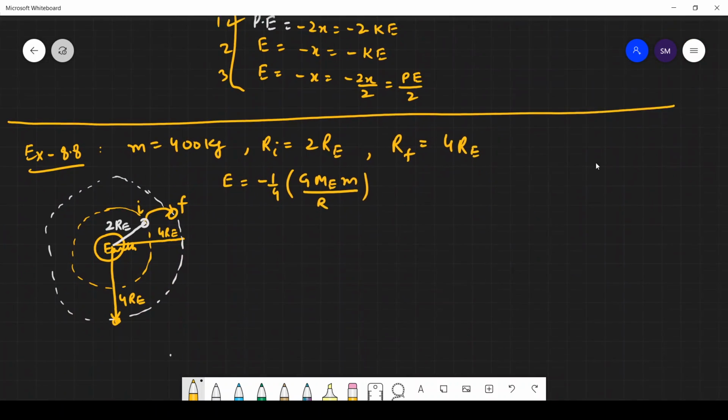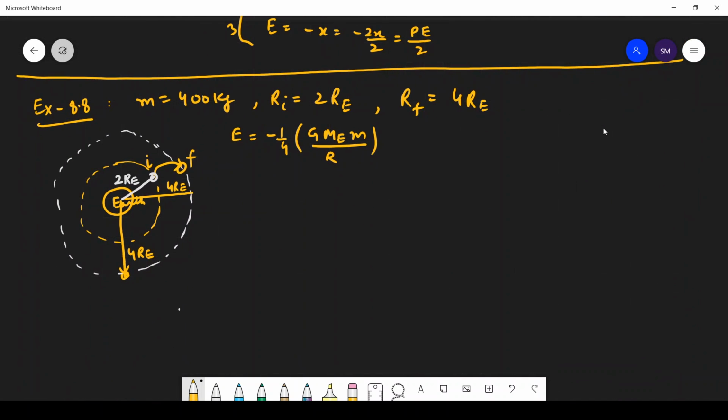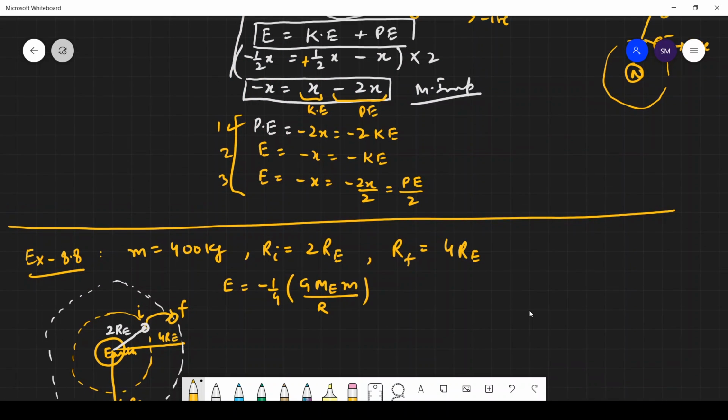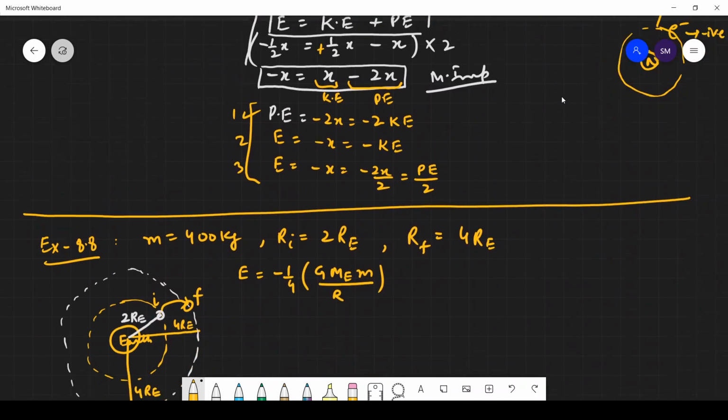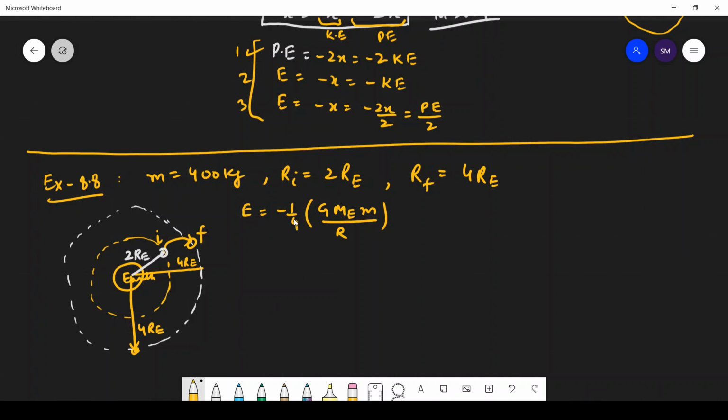Yes, that's the formula for energy. This is not 1/4, this is 1/2. Students, why are you not telling me this is 1/2? Okay, so this is the formula for the energy of the satellite revolving in the orbit whose radius is r around the earth.